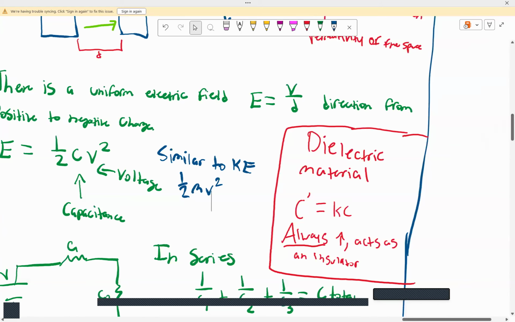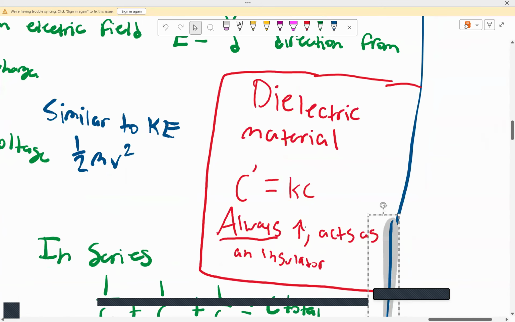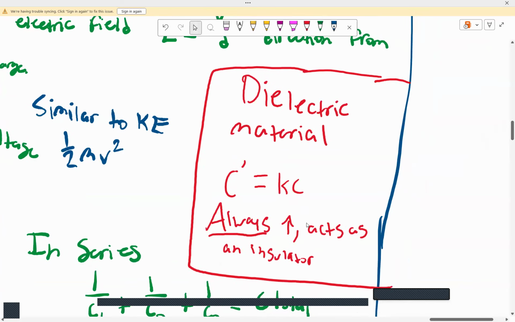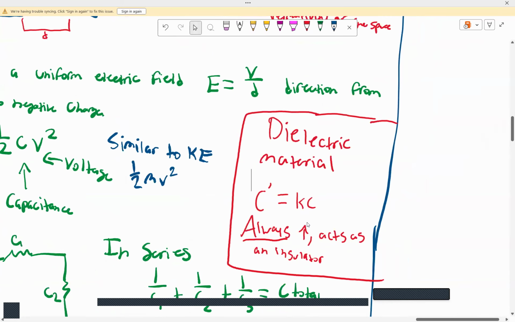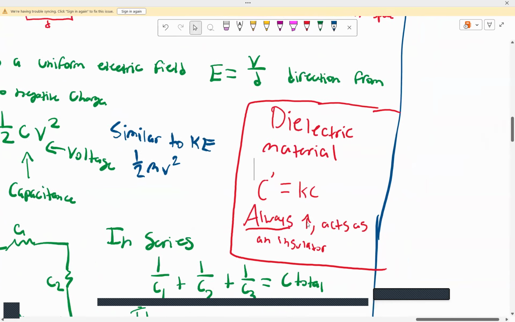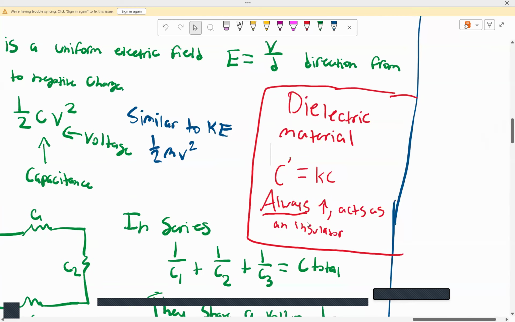The new value of that capacitance will be C prime, which is equivalent to K, some constant, times the original capacitance value, whatever that may be. So it always increases. K can never be less than 1. So it's acting as an insulator, dispersing charge, making it flow more readily, so it'll have more of a discharge.